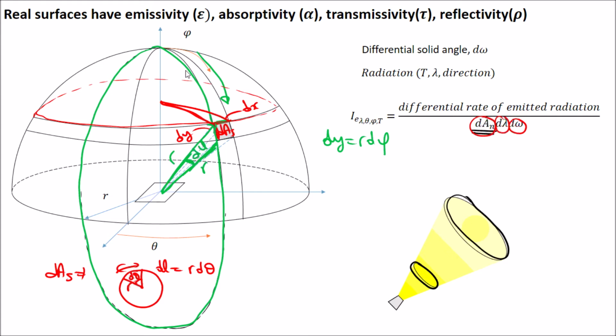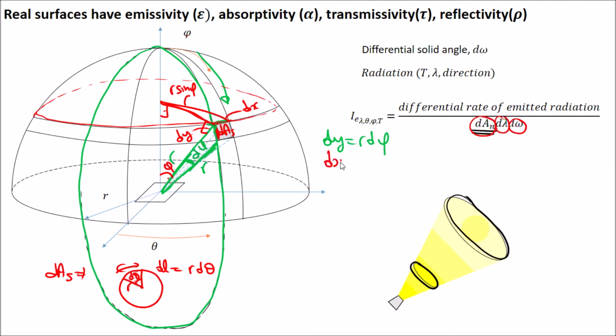The angle is phi, therefore you have the same phi angle here, and this distance here is r sine phi, because if this one is 90 degrees, we are looking for the component of r in that direction, which is r sine phi.